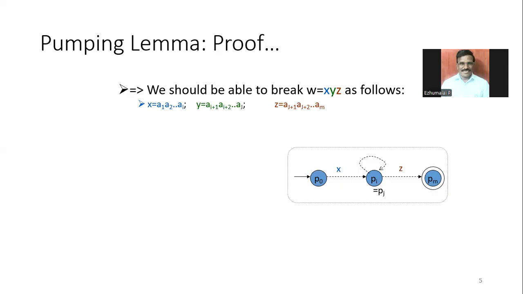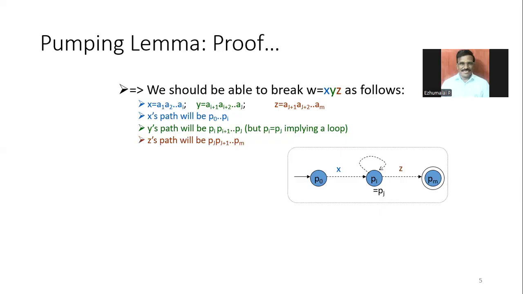The string that is repeated is called y. The input from p0 to pi is x, and the input from pi to pm is z. So y is repeated as a self loop at pi equal to pj. Y is the path between pi and pj, and similarly z is the path from pj to pm.